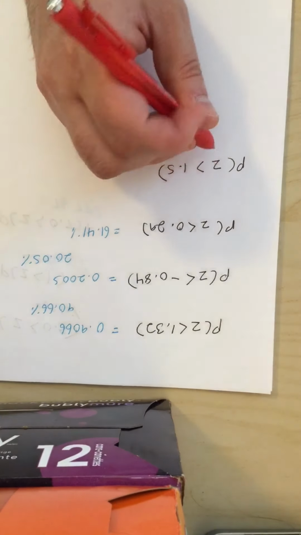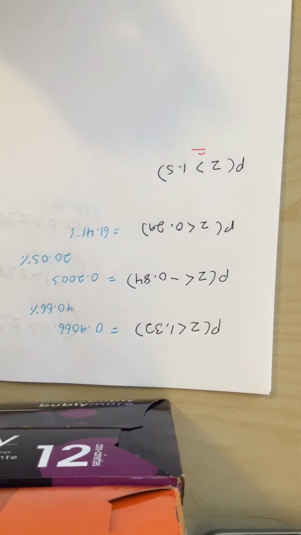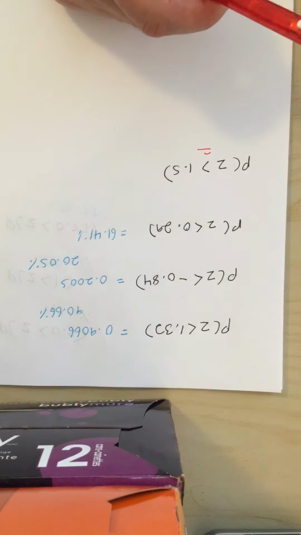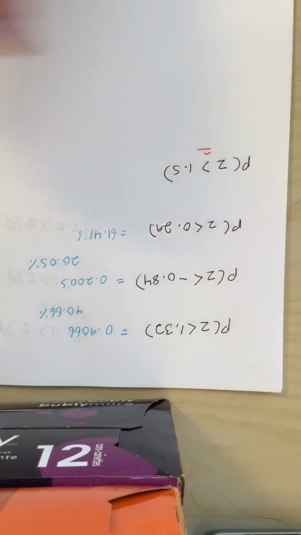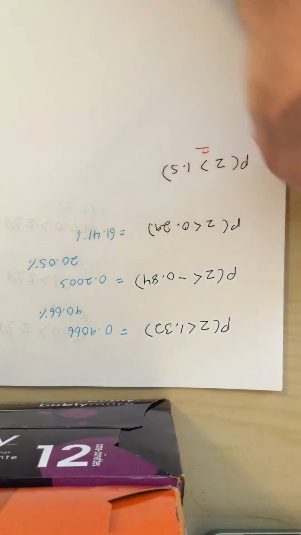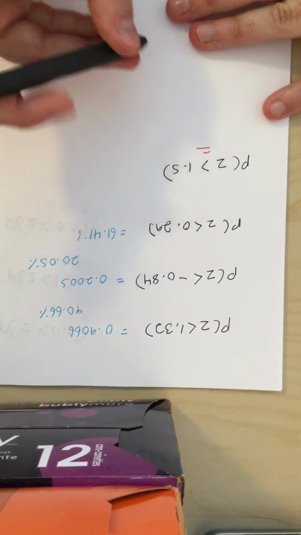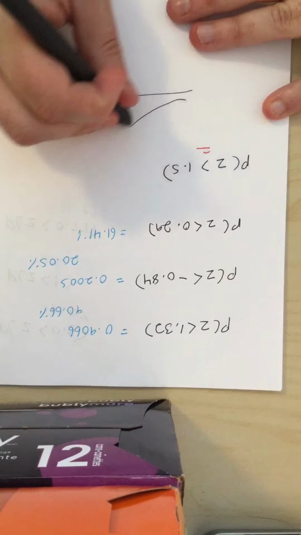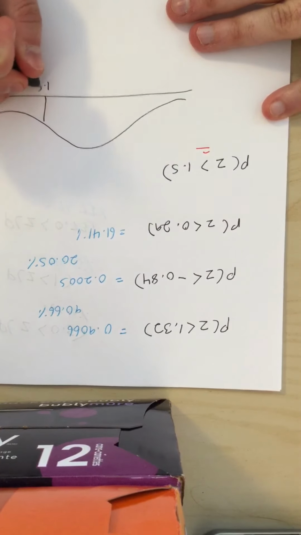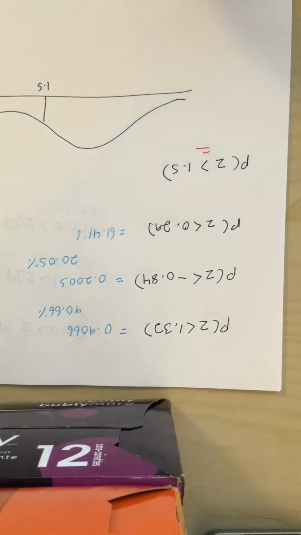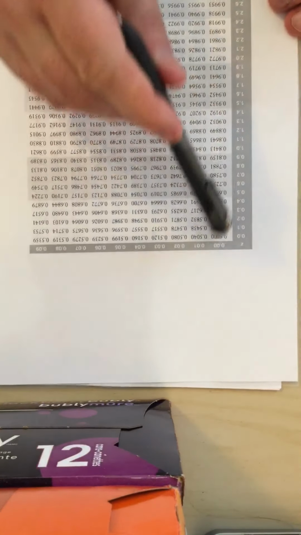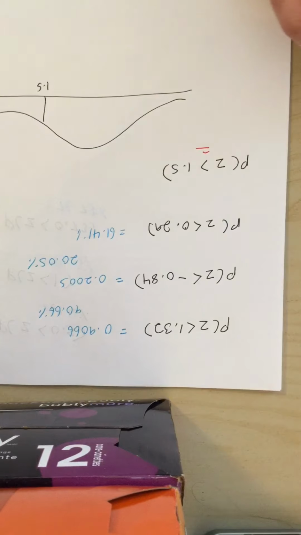This one's different. Here I'm asking for the probability that it's greater than the given z-score. So what we're going to do for that is use the indirect method. That's 1.5, and the chart only gives us the probability of it being less than. So the probability of being less than 1.5 is 93.32%.